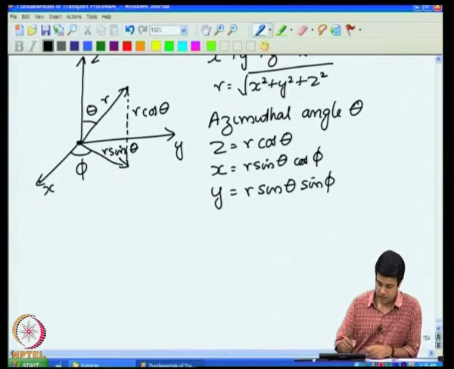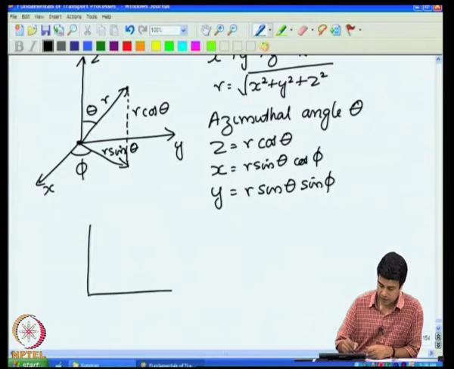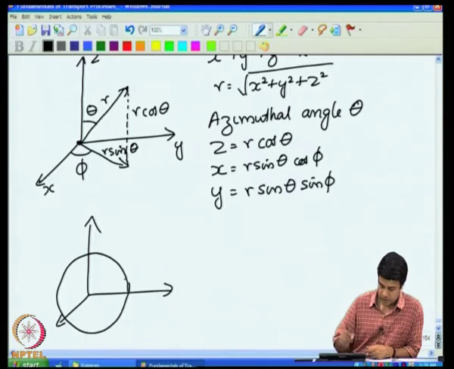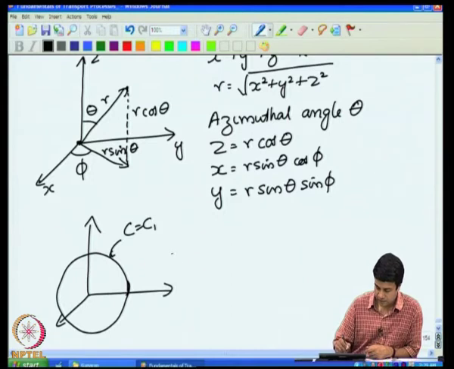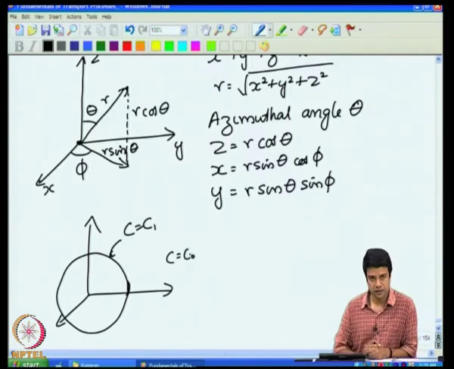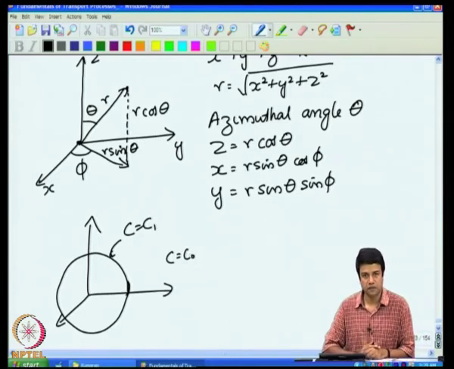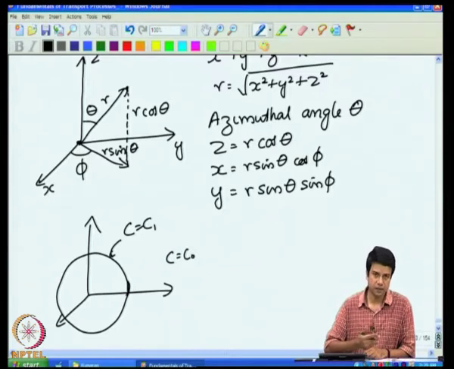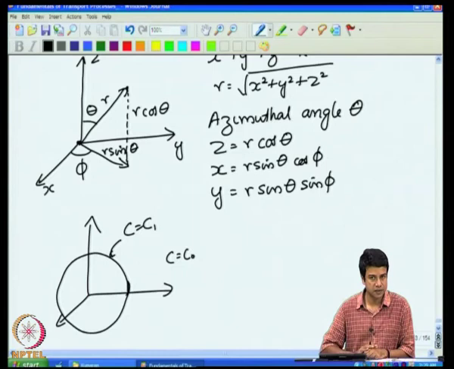That is of course valid if I had the simplest case, for example, a spherical particle with concentration C equal to C 1 at the surface and C equal to C naught far away from the surface. So, a catalyst particle, for example, where there is some reaction happening at the surface, approximated as a spherical particle, and if I put my origin at the center of this catalyst particle, then the concentration everywhere on the surface is C 1, far away is C naught.